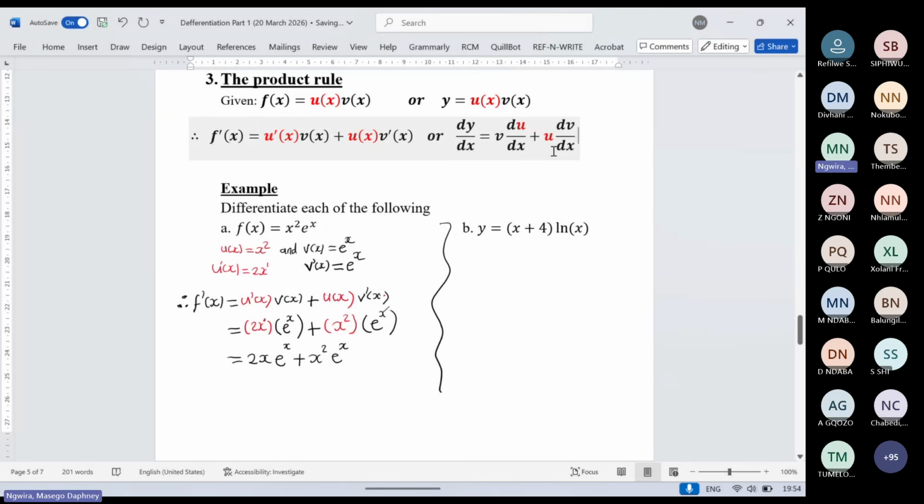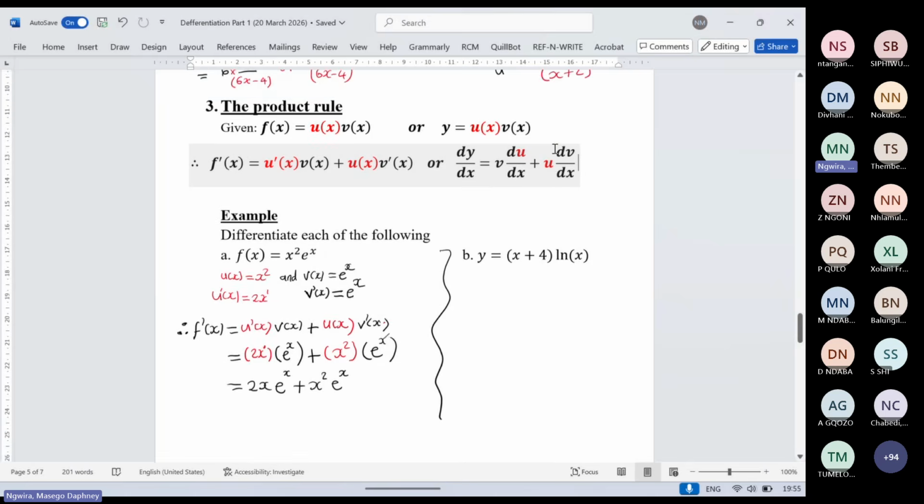Product rule and chain rule are two different things. Okay, but is the definition of u in the product rule the same as the definition of u in the chain rule? No. Okay, maybe that's why then. In the product rule, u is a function, u(x), v(x).